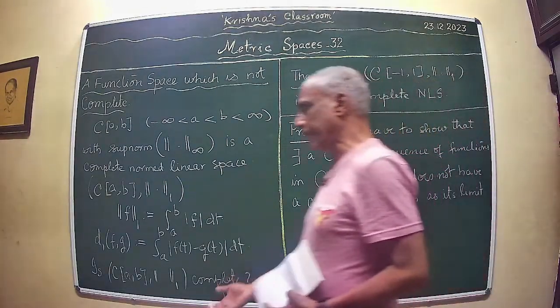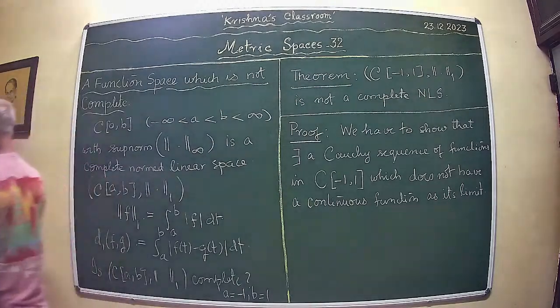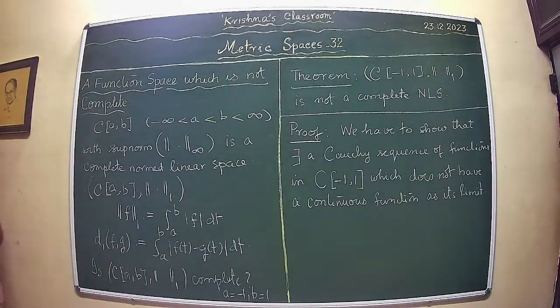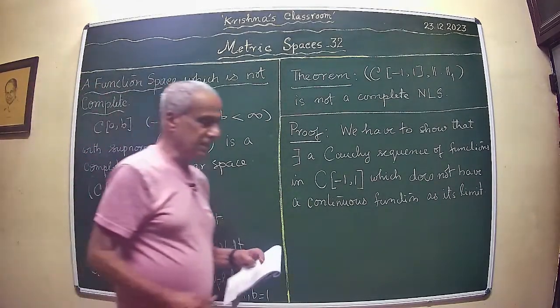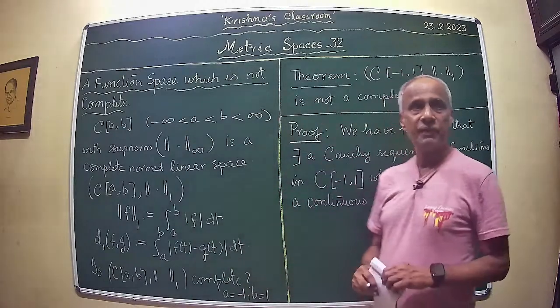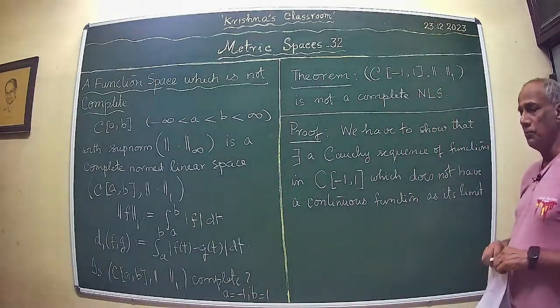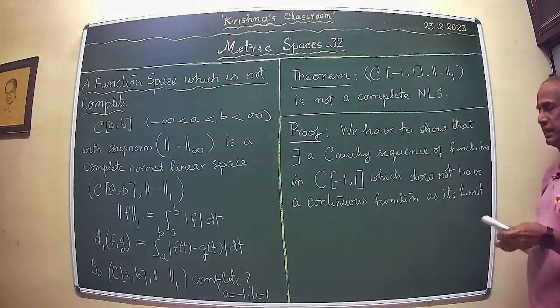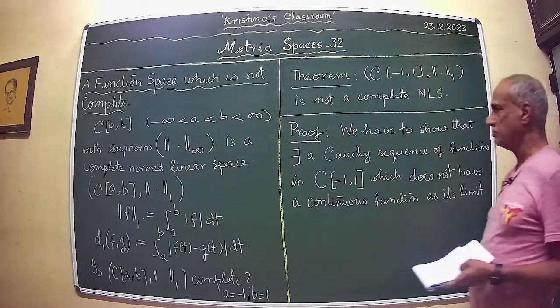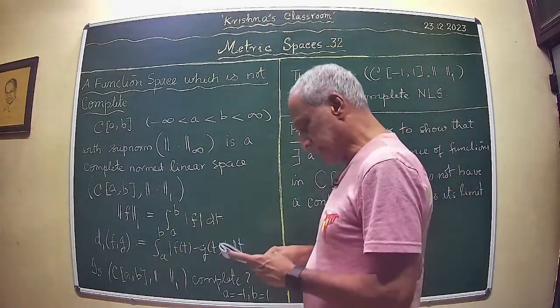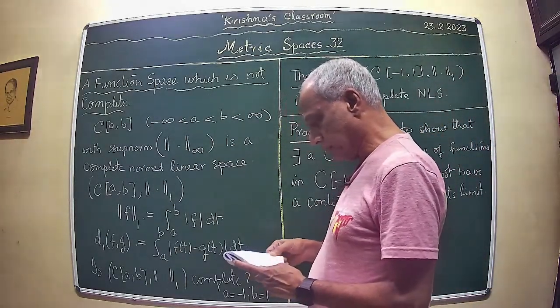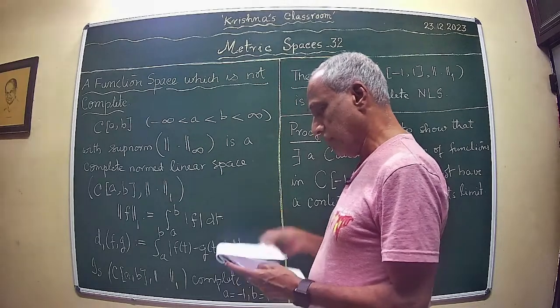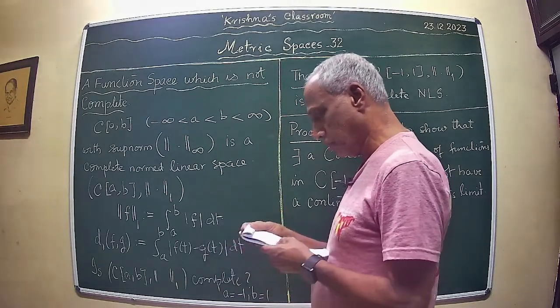In fact, we construct a Cauchy sequence of continuous functions on the interval minus 1 plus 1, which converges to a discontinuous function. So that's the method of proof that we sought.